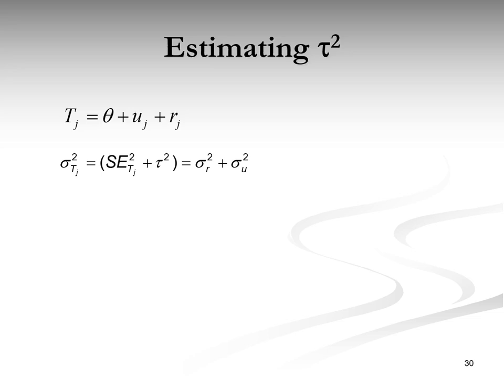We can take the variance in the observed effect sizes and subtract the sampling variance to get an estimate of the variance of the U's, or tau squared.